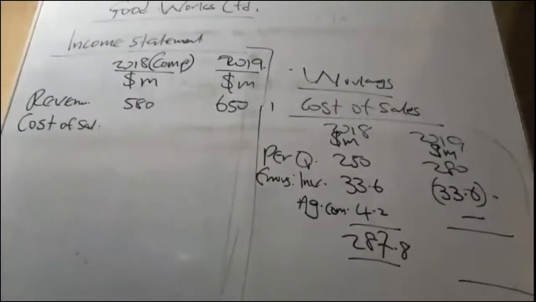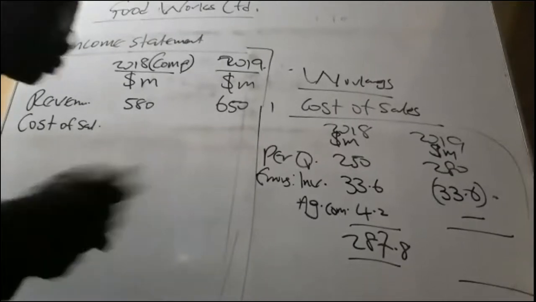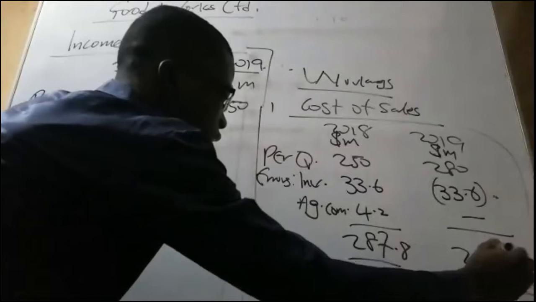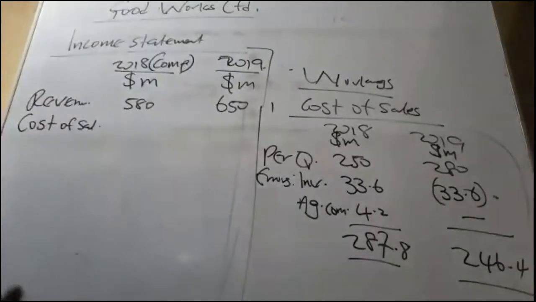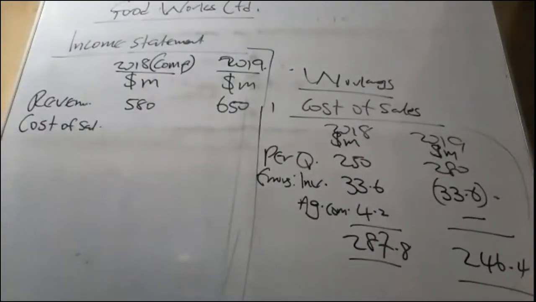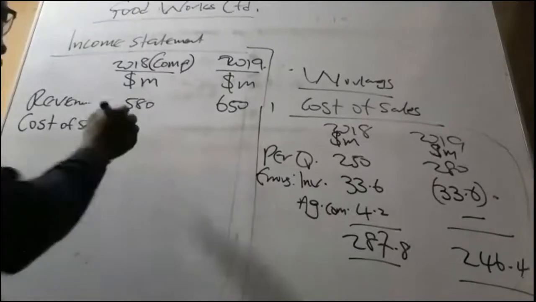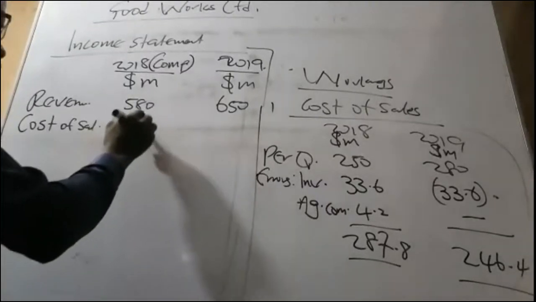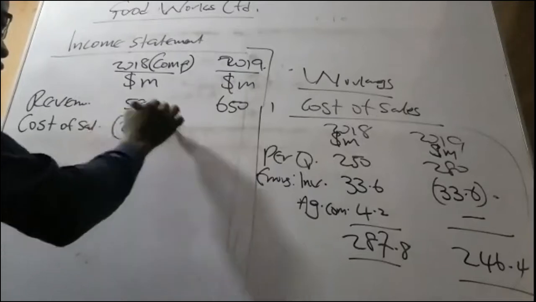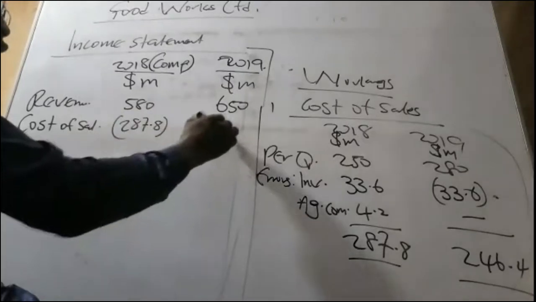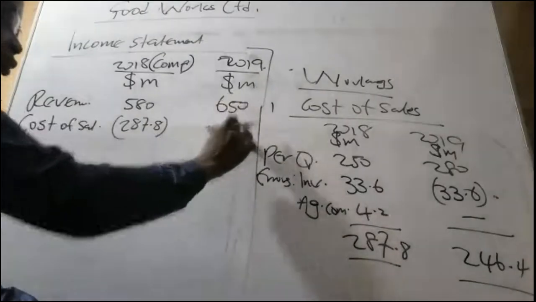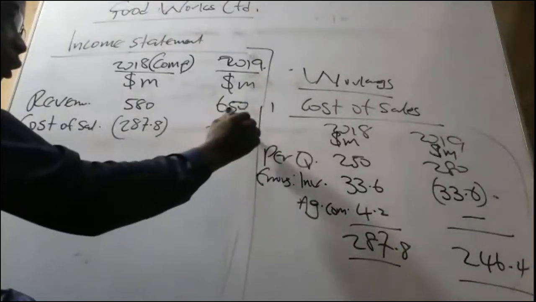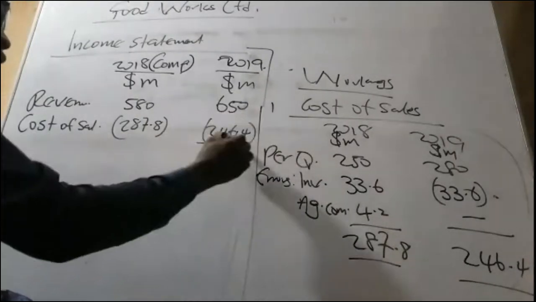That'll be 280 minus 33.6, which is 246.4. I hope you get this. Good. So let's quickly move it in. 287.8, put it in brackets. 246.4, put it in brackets.